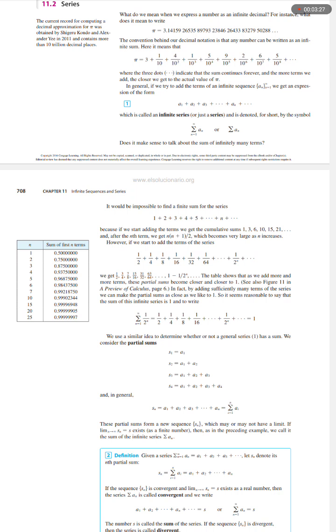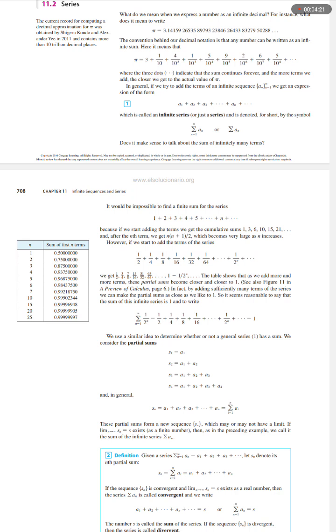However, if we start to add the terms of the series 1/2 plus 1/4 plus 1/8 plus 1/16 plus 1/32 plus 1/64 all the way through 1 over 2 to the power n, we get 1/2, 3/4, 7/8, 15/16, 31/32, 63/64, all the way to 1 minus 1 over 2 to the power n.